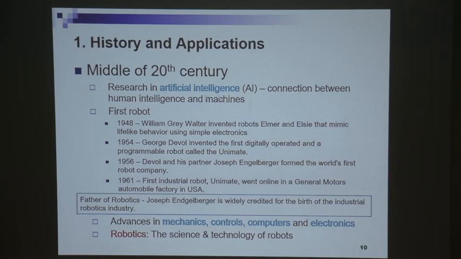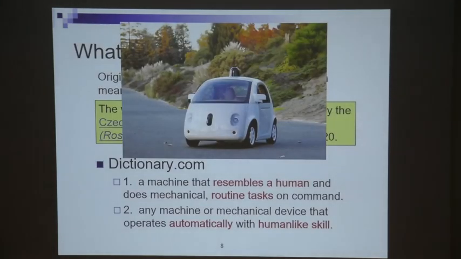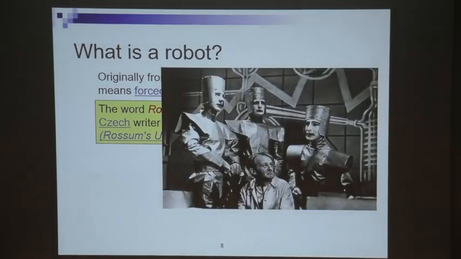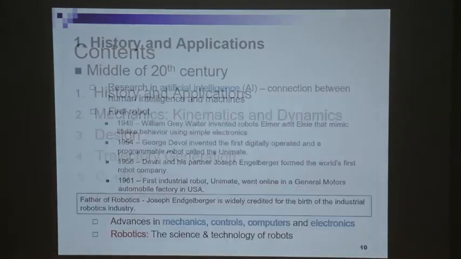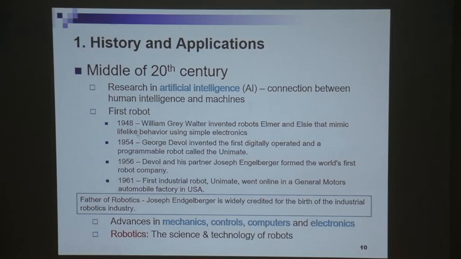The first robot, which is different from this robot, was invented in 1948. This is the first robot that mimicked lifelike behavior using simple electronics.